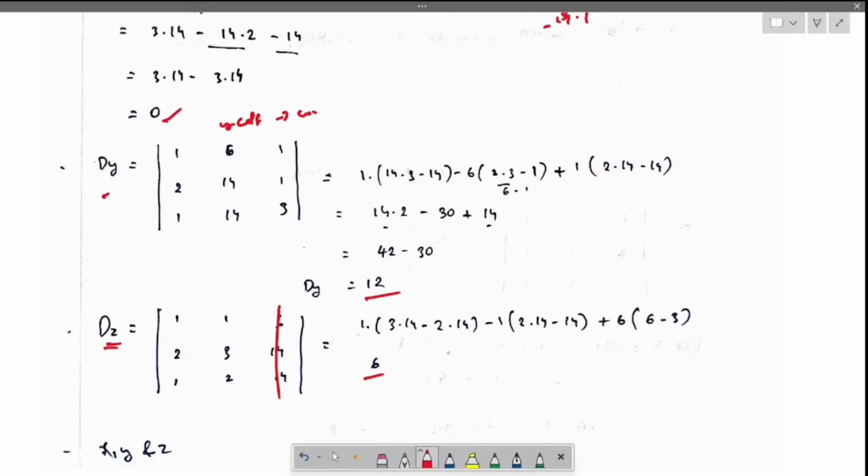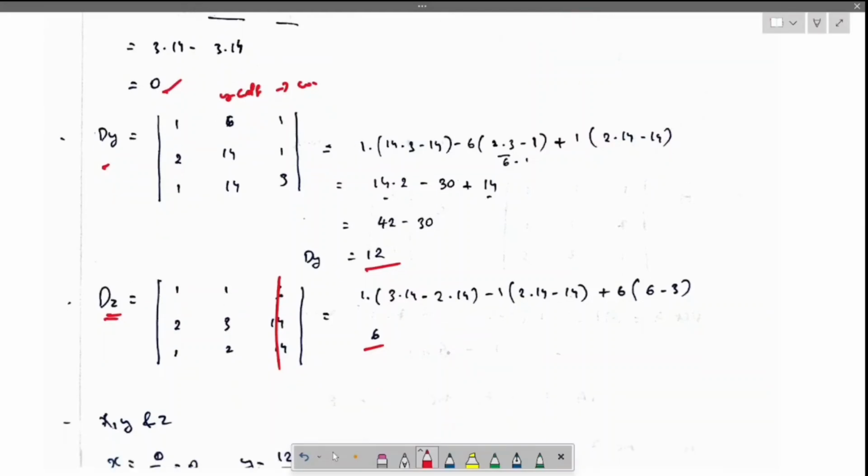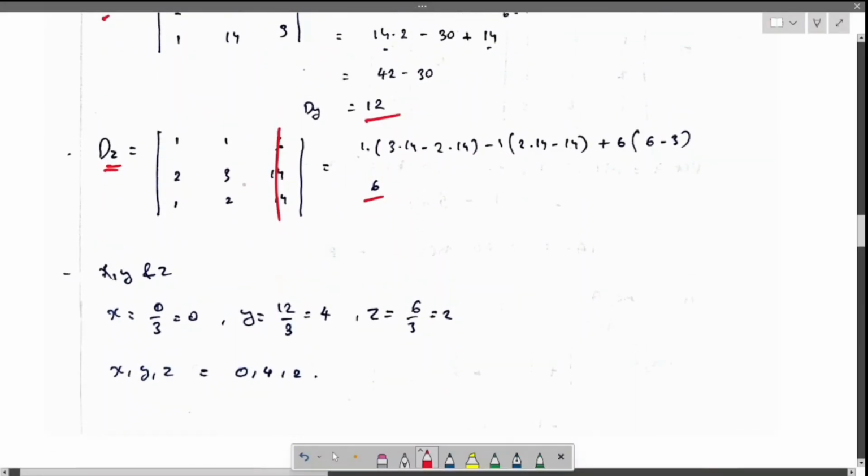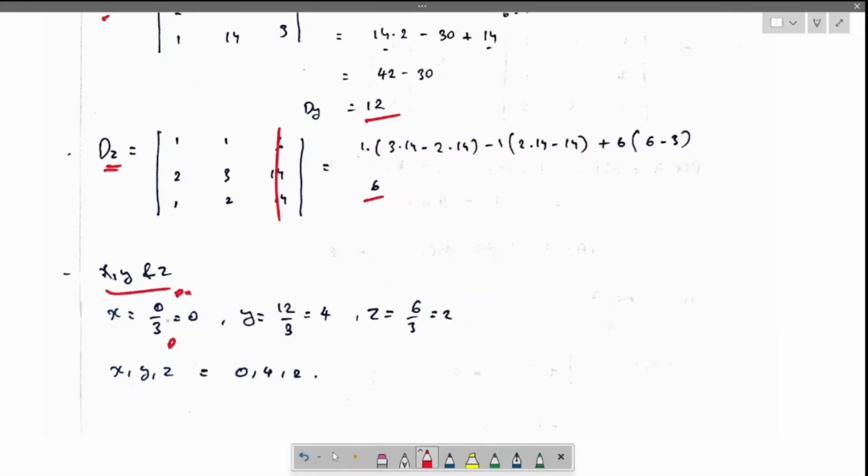Now our goal is to find the values of the variables x, y, z. x is Dx by D. Dx is 0, D is 3, and 0 by anything is 0. For y, Dy by D, which is 4. For z, Dz by D, 6 by 3, which equals 2. So x, y, z is 0, 4 and 2.